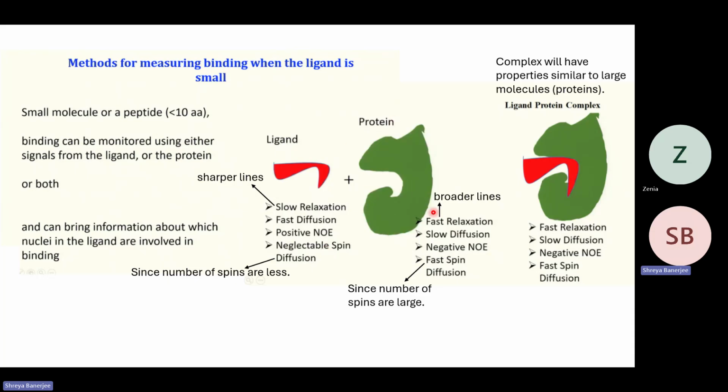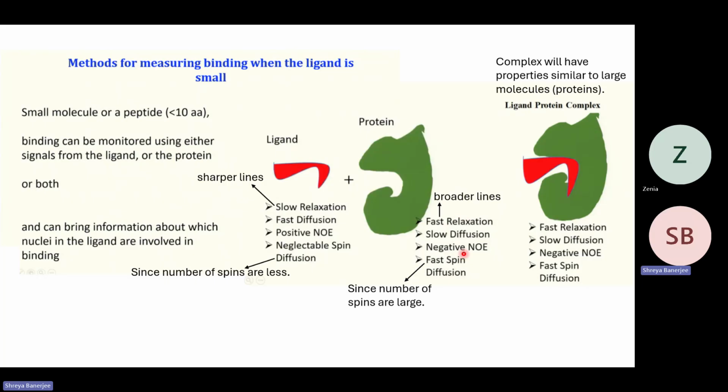Protein, on the other hand, is a larger molecule generally, and so it will have fast relaxation, which will result in line broadening. And due to it being a large molecule, it will have slow diffusion and negative NOEs. And since the number of spins are large, the spin diffusion will be fast. Ligand protein complex will behave similarly to the protein since it is also a large molecule.